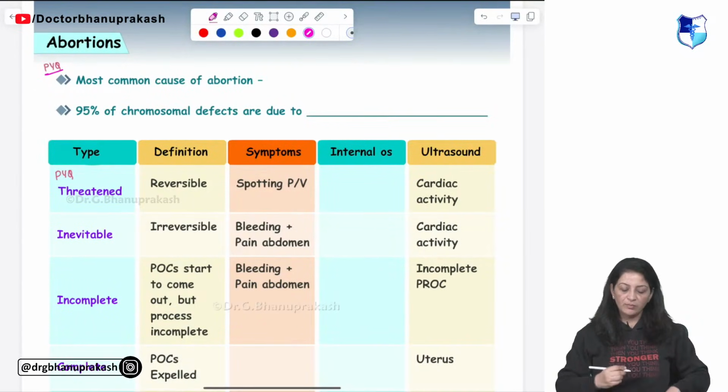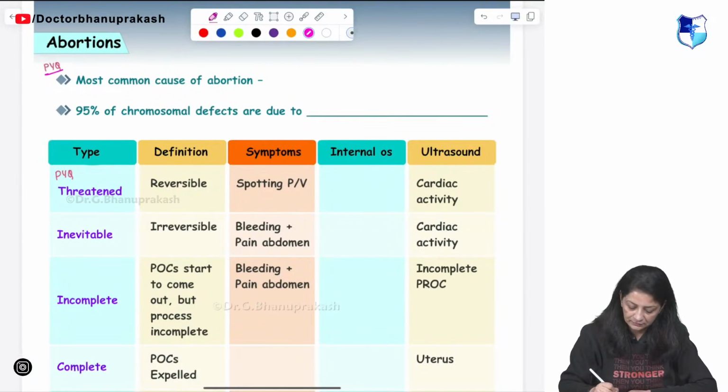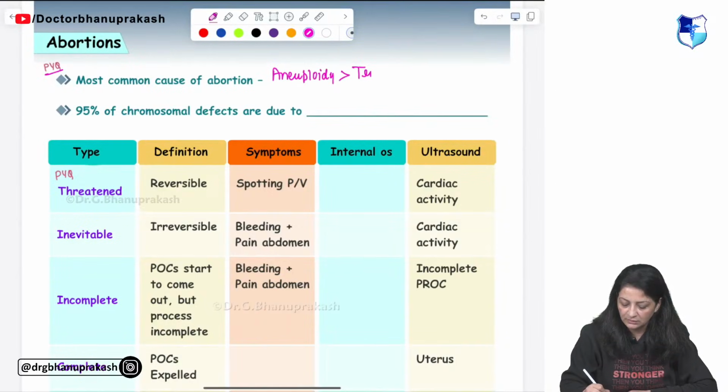Most common cause of abortion: aneuploidy. Then trisomy, then monosomy, then trisomy 16.